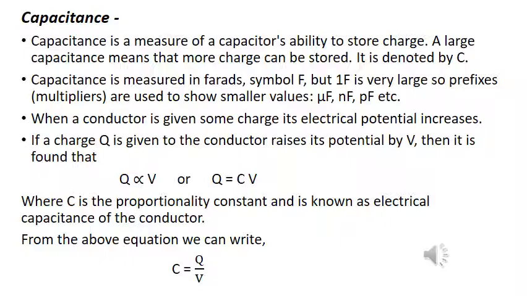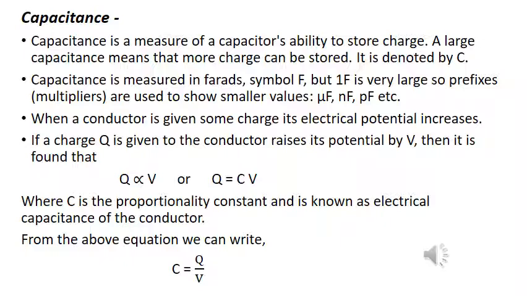It is denoted by capital C and it is measured in farads. The symbol of farad is capital F, but 1 farad is very large, so prefixes are used to show smaller values like microfarad, nanofarad, picofarad, etc.